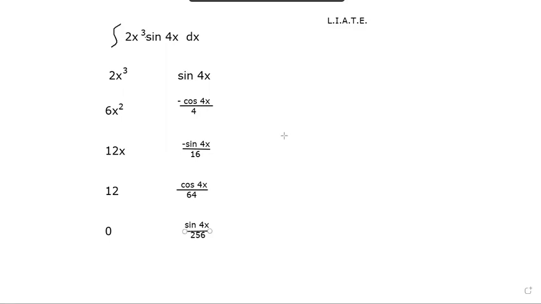Okay, now that we have these, the first thing we want to do is cross multiply. And the second thing we want to do, we want to alternate the signs.